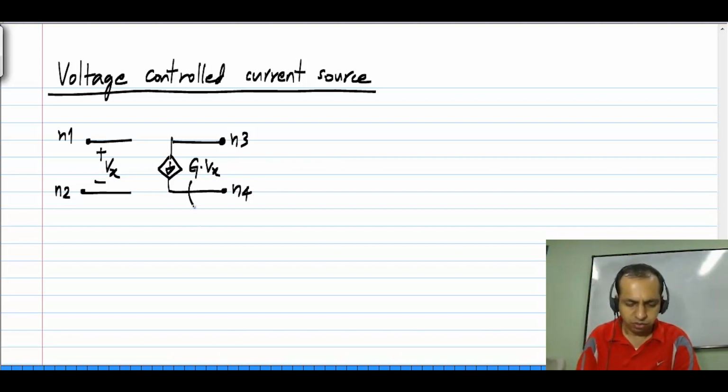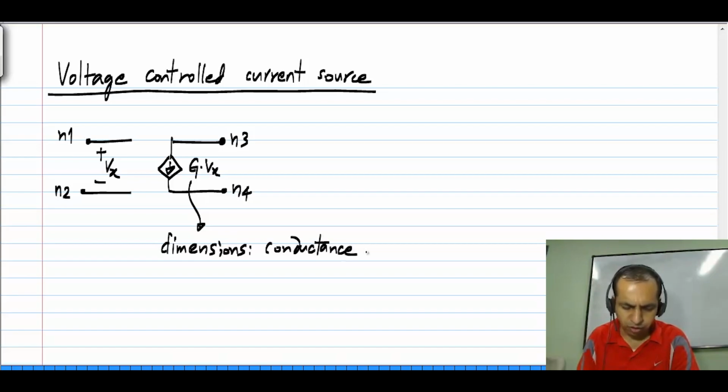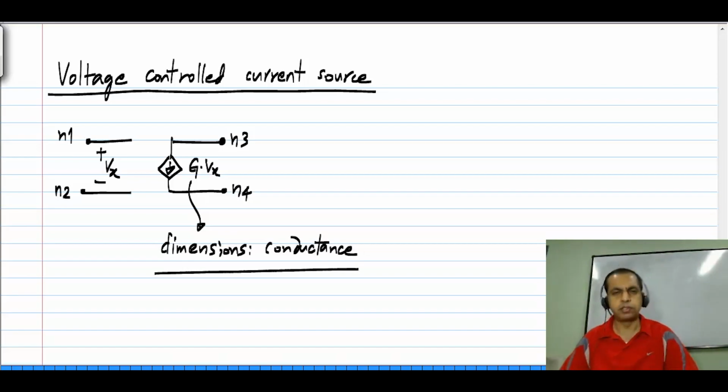Now this G obviously has dimensions of conductance, because it multiplies a voltage and results in a current. Sometimes this is called the transconductance of the voltage controlled current source.